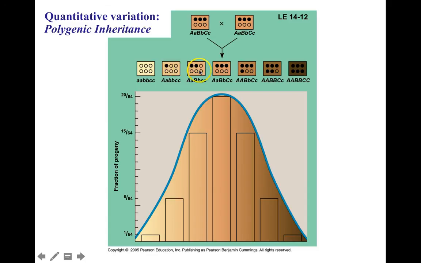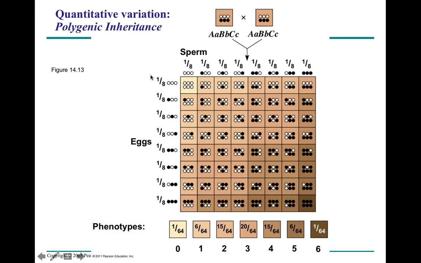And if you have more of light and less of dark alleles, then you're on the lighter side. So one person has many alleles for a character, not 2 alleles, but 3 and 3, 6 alleles, and this is called polygenic inheritance.